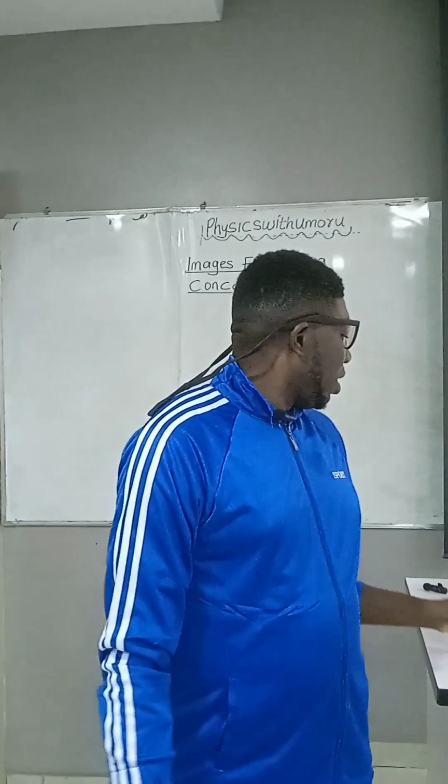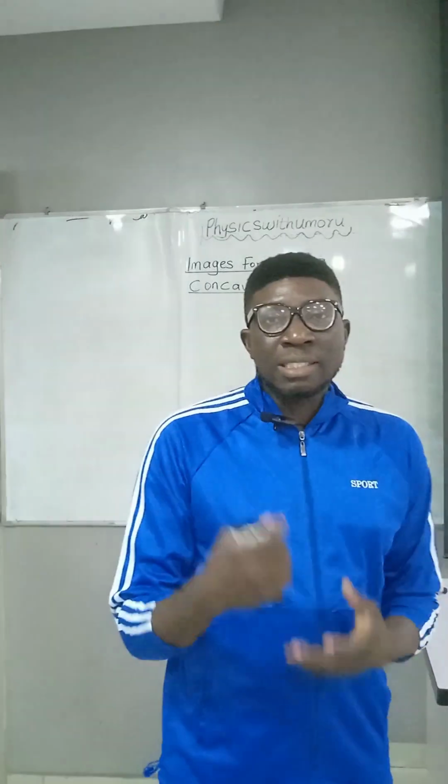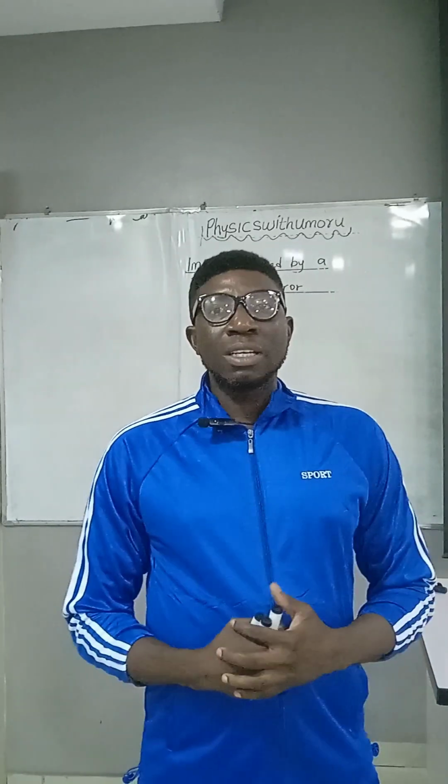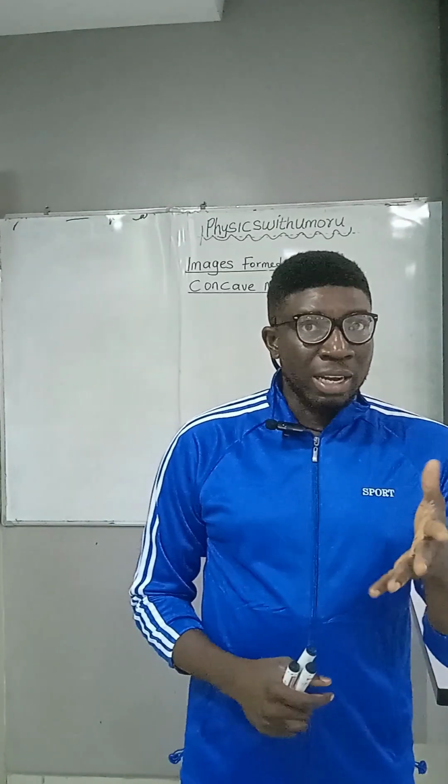Another one is that the image distance from the mirror is the same as the object distance from the mirror. For example, if you are standing 2 meters from a mirror, your image right in the mirror is going to be 2 meters away. The exact distance the object is from the mirror will be the same distance the image will make from the mirror. And the last one is that this image is always laterally inverted.